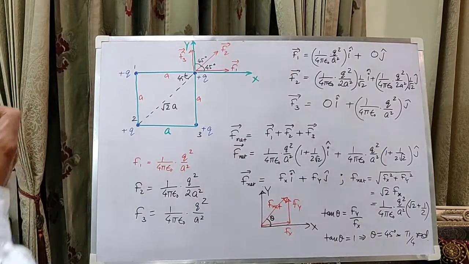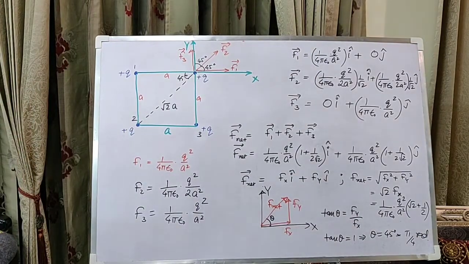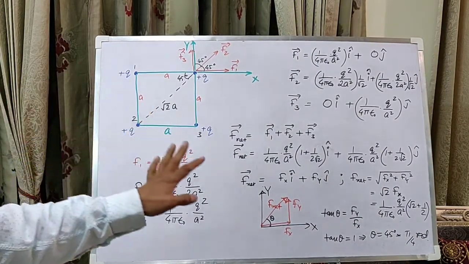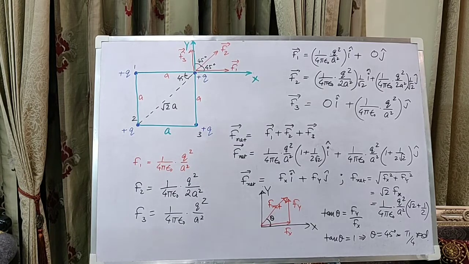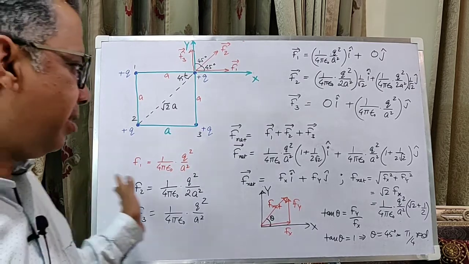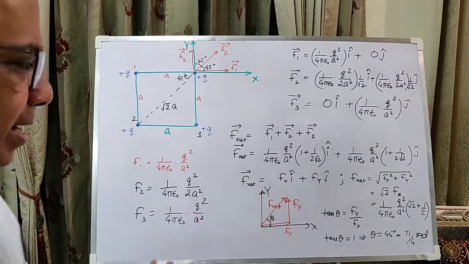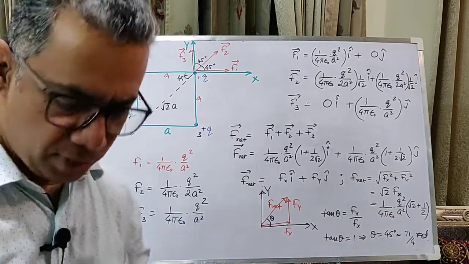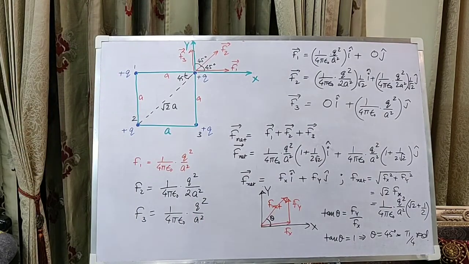So what we've done is, we've seen one simple example where we've applied the superposition principle, and if we can apply it in one situation, we can apply it now in any number of situations. So that then is the superposition principle.